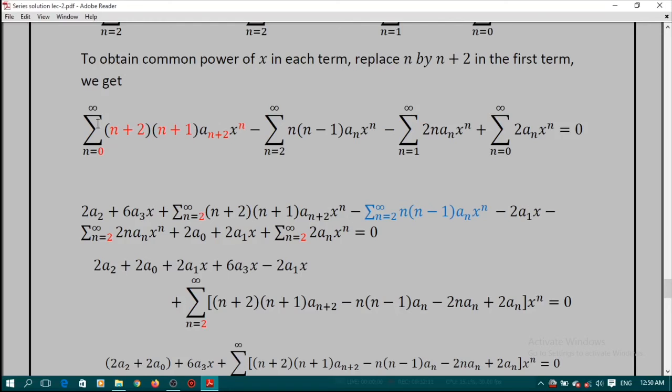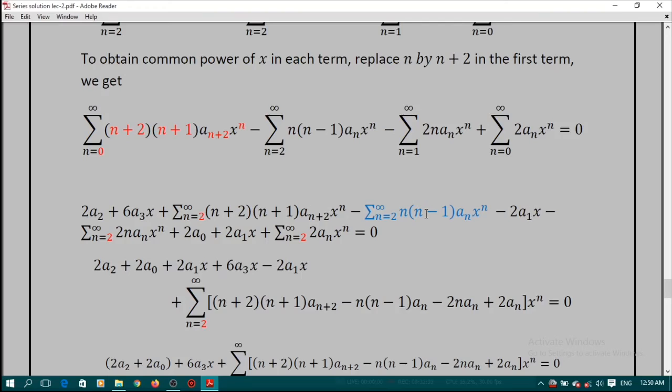The other terms are represented in a summation notation: summation n running from 2 to infinity, n plus 2 into n plus 1, a n plus 2 x raised to n. The second summation notation here will be as it is, summation n running from 2 to infinity n into n minus 1 a n x raised to n.